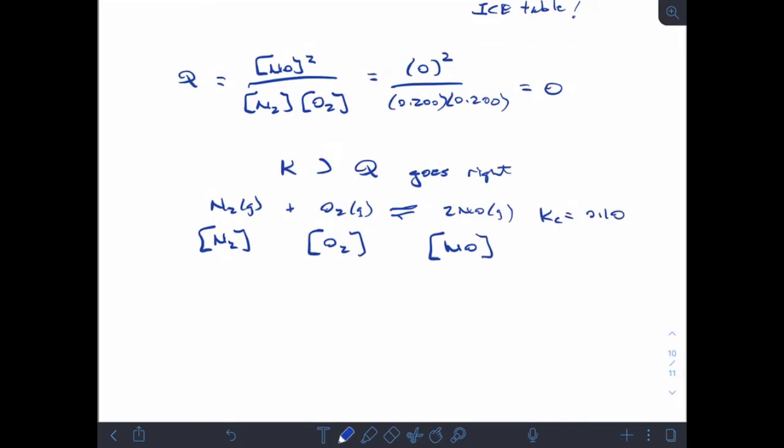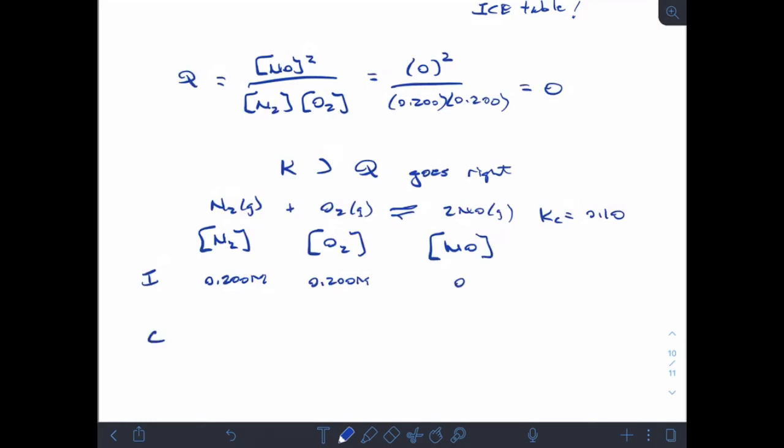Kc was 0.1, right? So the reaction goes right. That means our N2 and our O2 are disappearing, and our NO is appearing. Our initial line is 0.2 molar for each of the reactants, and 0 for the NO.